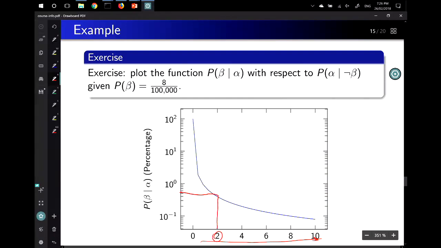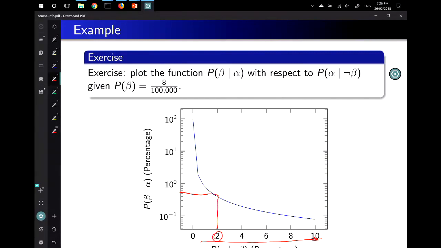You can actually see, I think this is something like 1, 2, 3, 4, 40%. So if that parameter, the false positive rate, is 2%, basically the probability that your alpha test result is true and you have the disease is actually 40%.